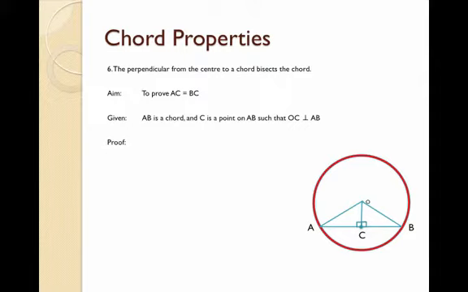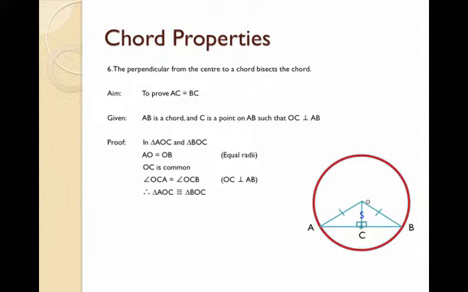We have two triangles here, so we will be using congruence to prove it. In triangle AOC and triangle BOC, we know that AO equals BO because of equal radii. OC is common to both triangles, so they have to be equal to each other. We also know that angle OCA equals angle OCB because OC is perpendicular to AB from our data.